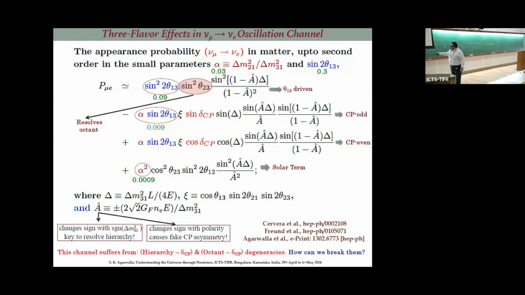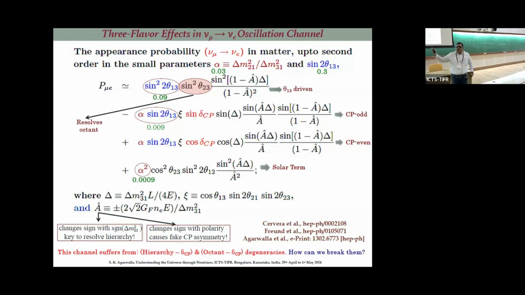Since this term changes sign when you go from neutrino to antineutrino. If you work in vacuum, what is the only difference you have when you go from neutrino to antineutrino? Please answer. What is the major difference? Delta CP.